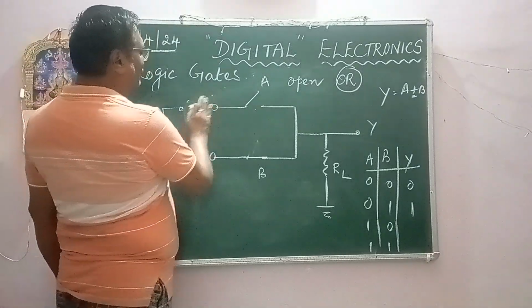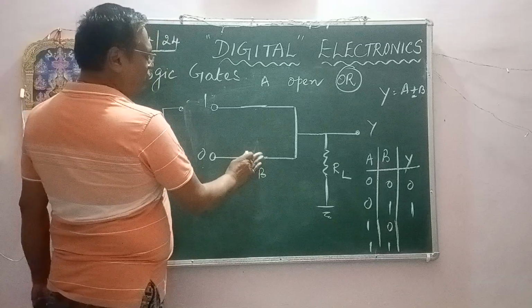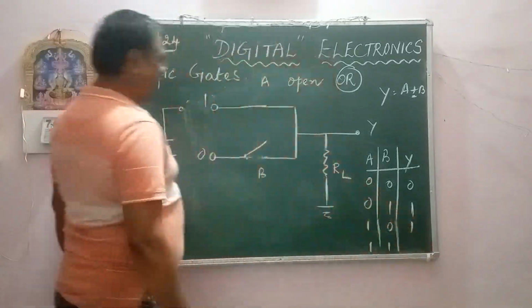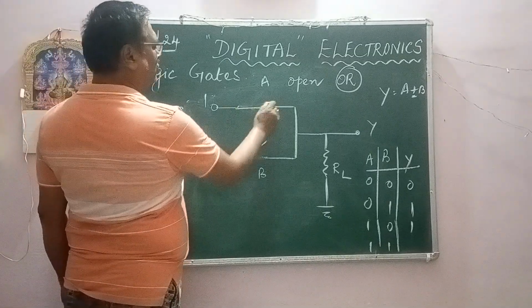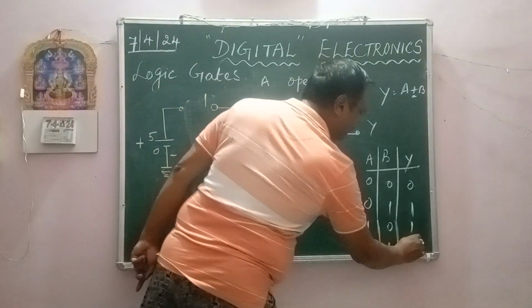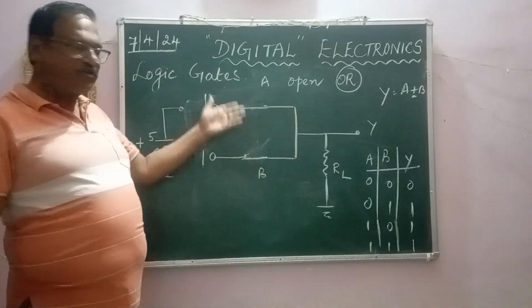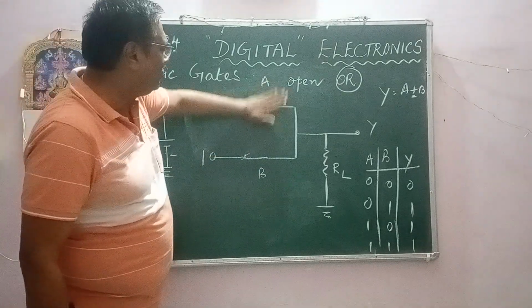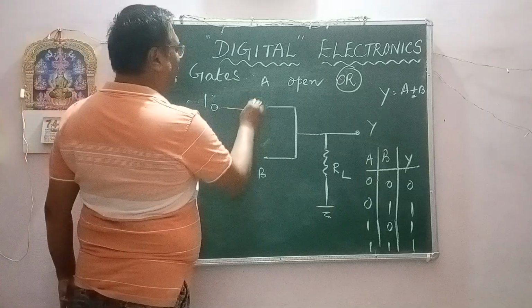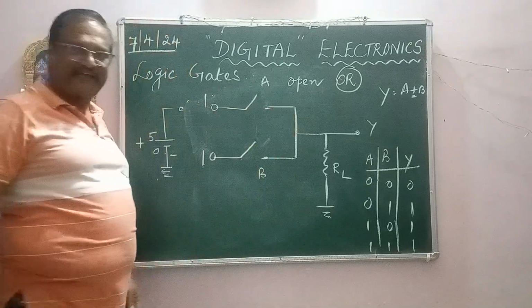Now next case 1, 0. Then switch A is on, switch B is off. Doesn't matter, current will flow through. Now next case, both the switches are on because both are high. Again output is high. Do you understand now? This is in terms of switches. We can also draw it. In the OR gate, remember to put the switches in parallel.